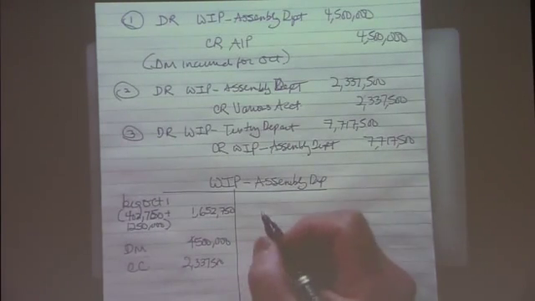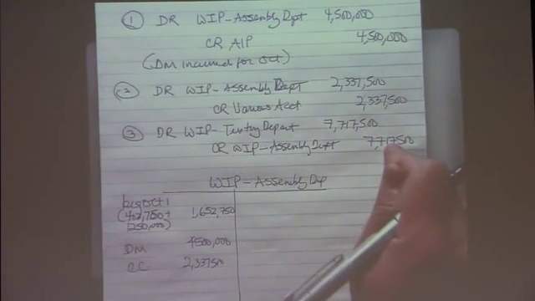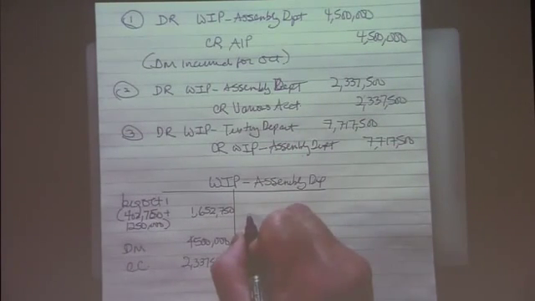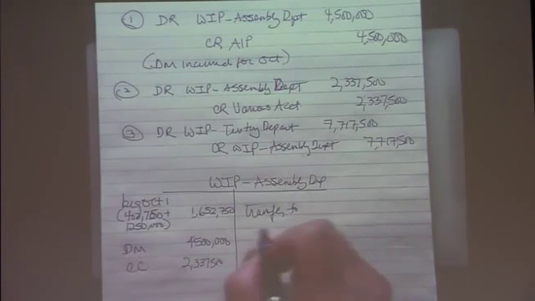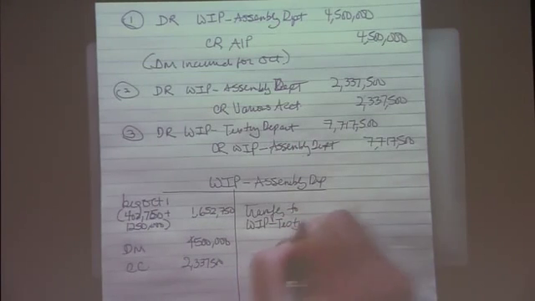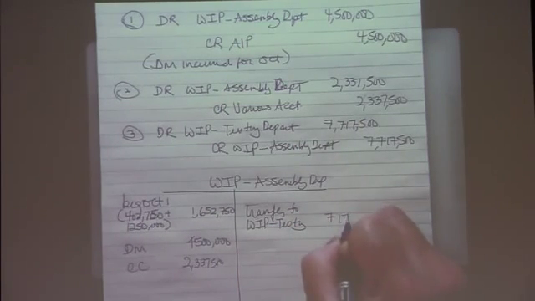But here we're going to credit the assembly T account. We call that transfer to work in progress testing, 7,717,500.